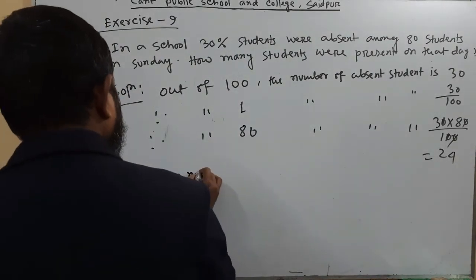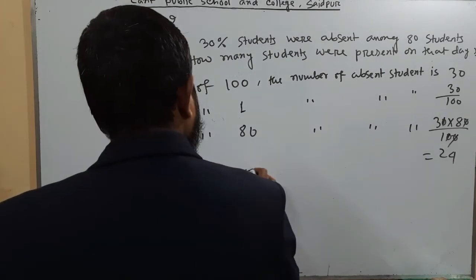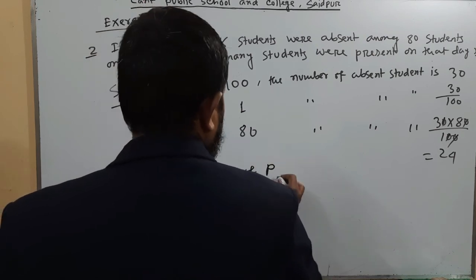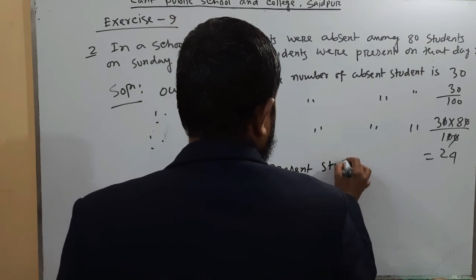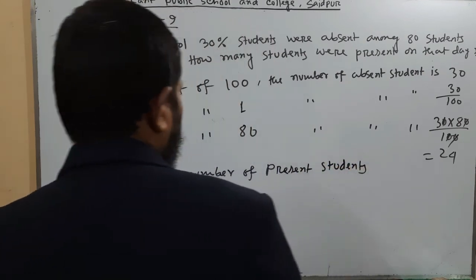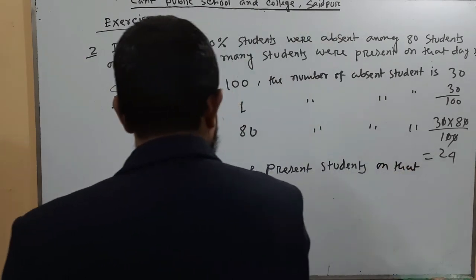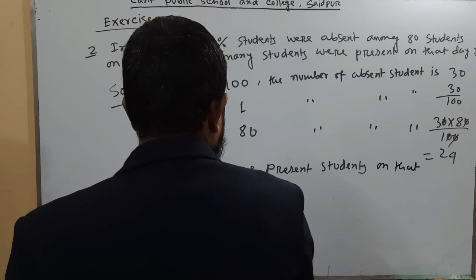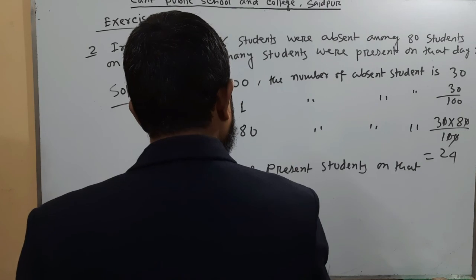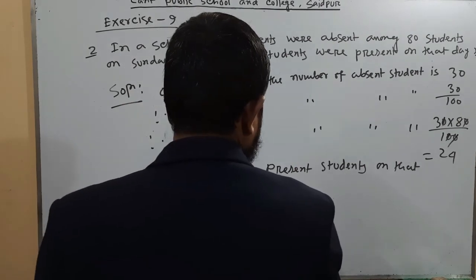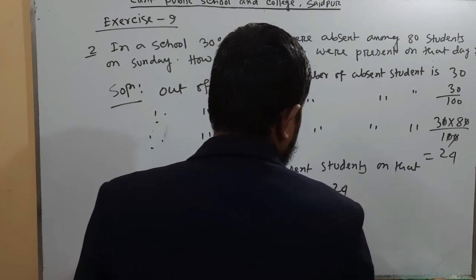The number of present students on that day is 80 minus 24.